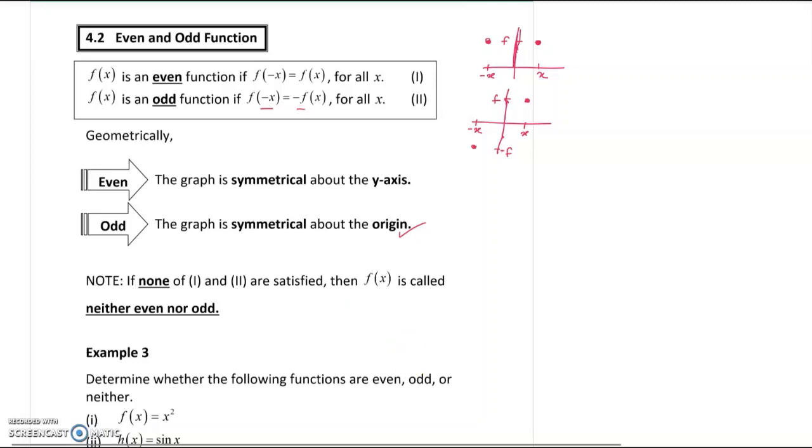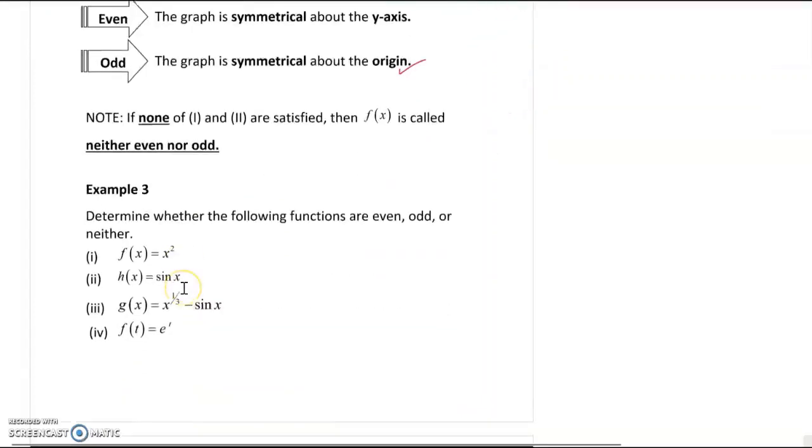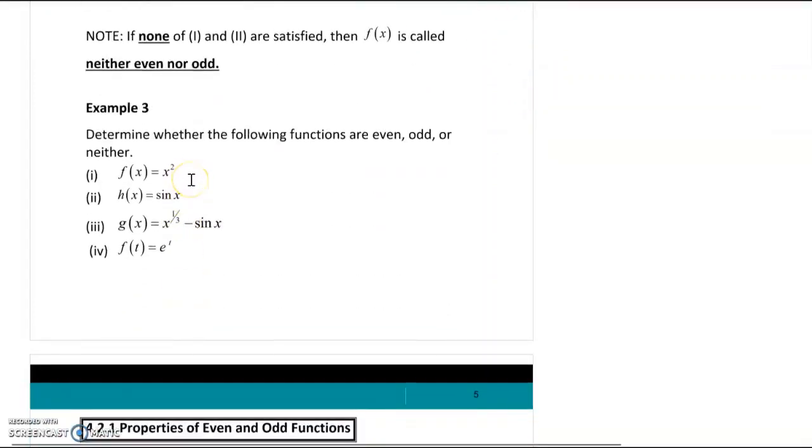Okay, look at this example 3 here. Maybe I will just show you guys only 2 examples. The first one: determine whether f(x) equals x squared is even, odd, or neither.